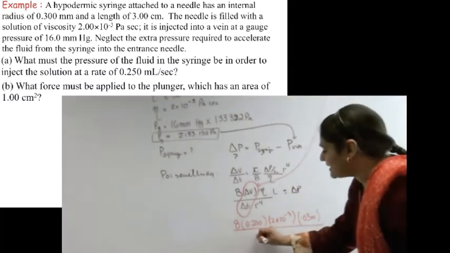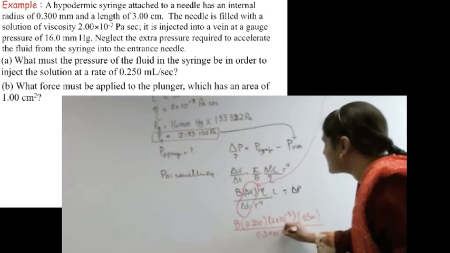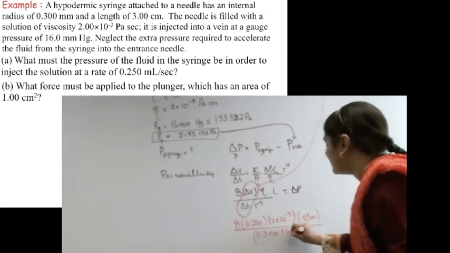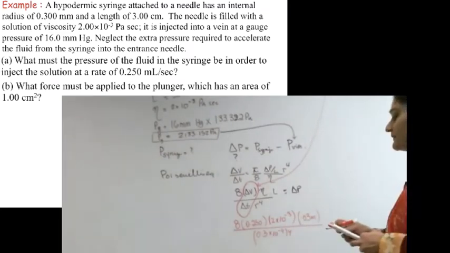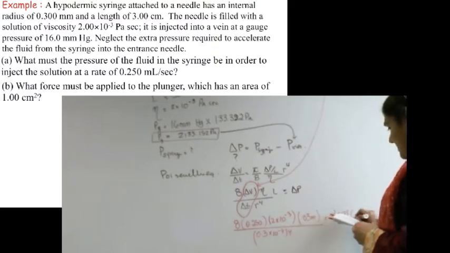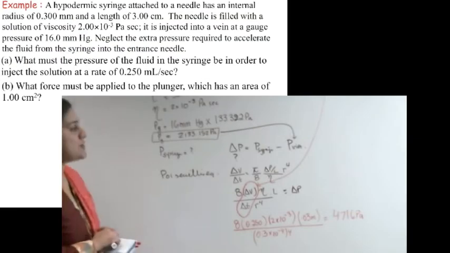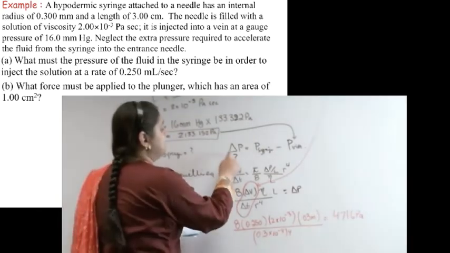So I'm just going to place that in here, 0.3 times 10 to the minus 4. Plug that number into your calculator, and you should get something like 4716 pascals. So now I have an answer for my delta P.